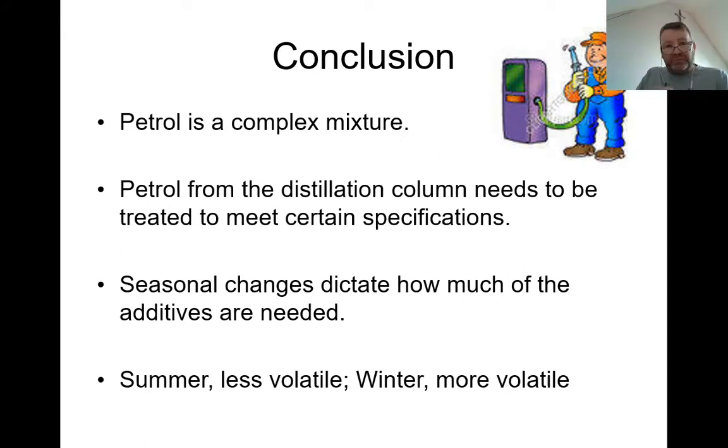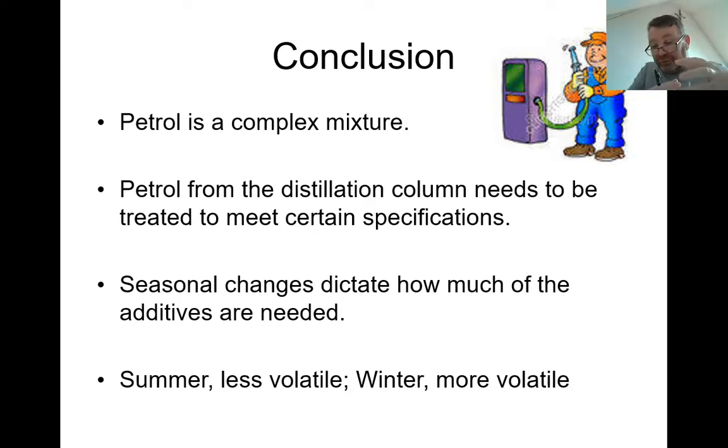Okay, so therefore, just to finish this, as we should now understand, petrol itself is a very complex mix. The petrol that comes out of the distillation column, as I said already, is not the petrol you're going to put into your car. It needs to be worked on. The octane number needs to be brought up by one of 4 things: isomerization, catalytic cracking, dehydrocyclisation, or the addition of oxygenates.